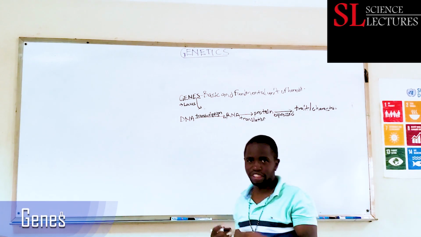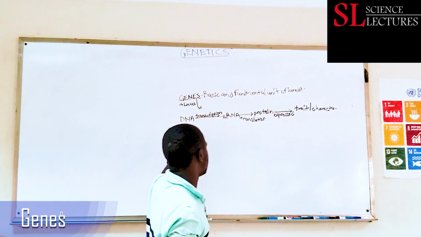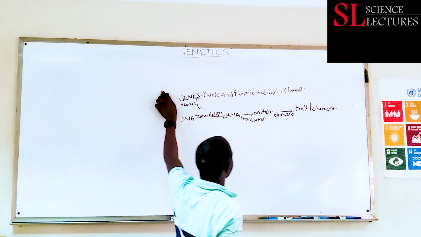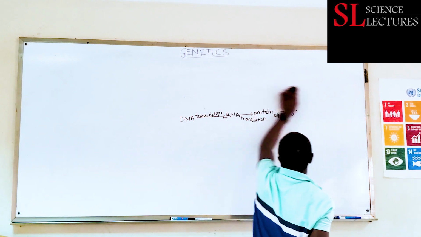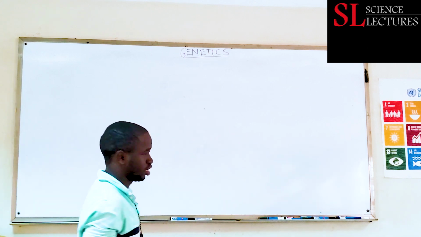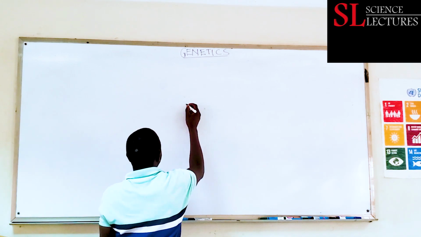That is, in summary, how genes operate, but we shall look at this process in detail later. After having understood that, we need to know one last thing, that is inheritance.